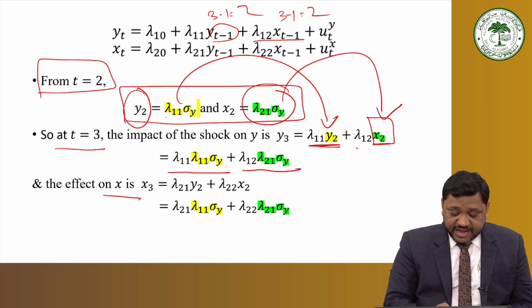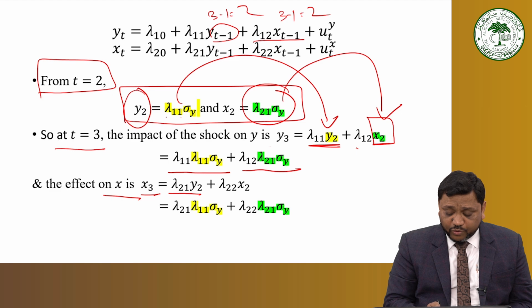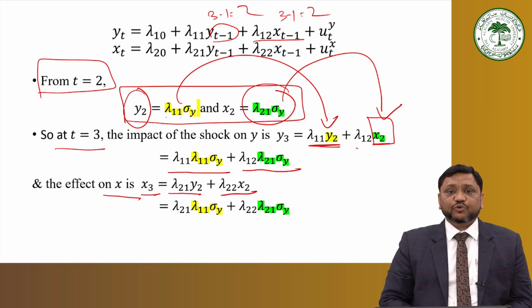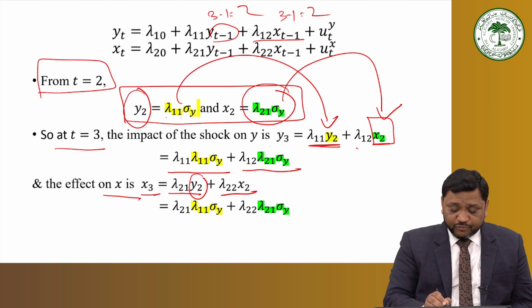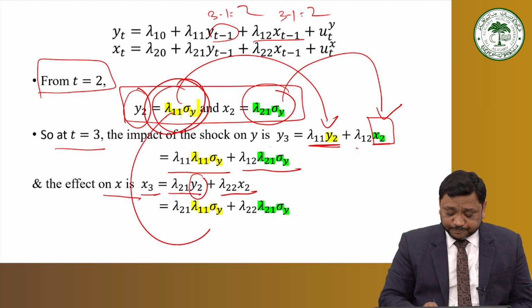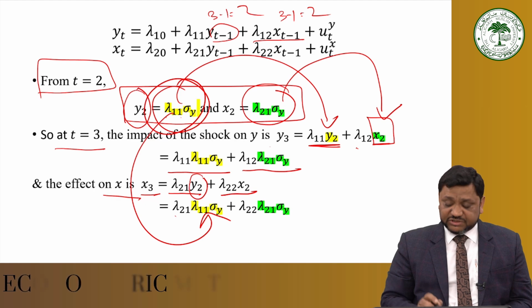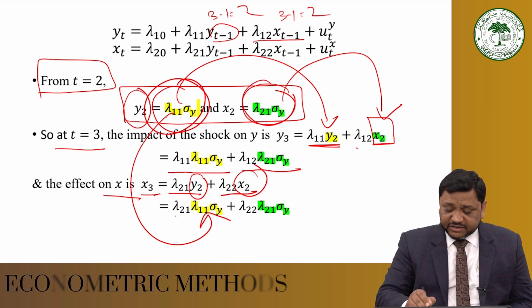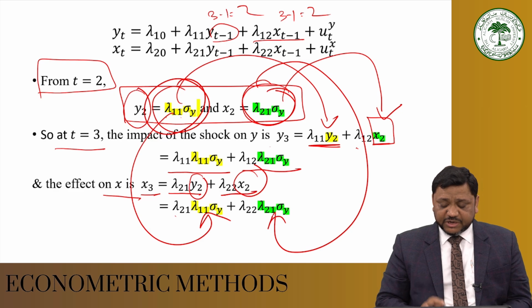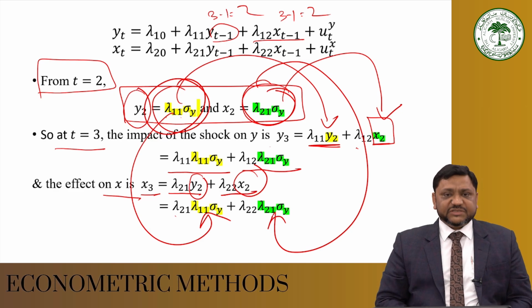So we can write that x3 is equal to lambda 21 y2 plus lambda 22 x2. Now in place of y2, we will write lambda 21 lambda 11 sigma y, and in place of x2 we will write lambda 22 lambda 21 sigma y.